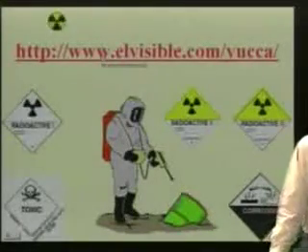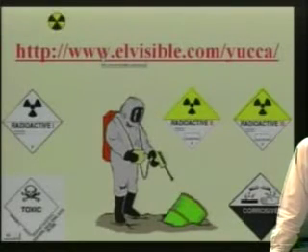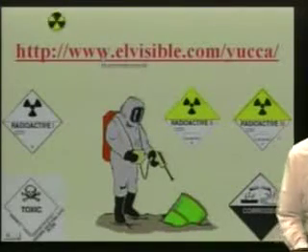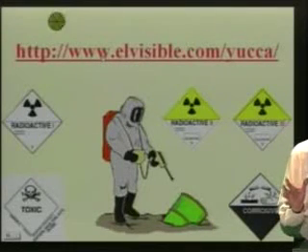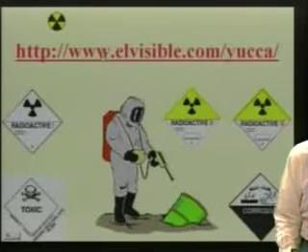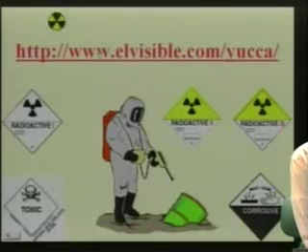Why don't you write that down? www.lvisible.com/yucca. This is, if it works, I hope it does, an animated GIF of a map showing when we take these radioactive things from those spots in the United States and we're going to truck it to Yucca Mountain. So let me click on this and see if it'll work.